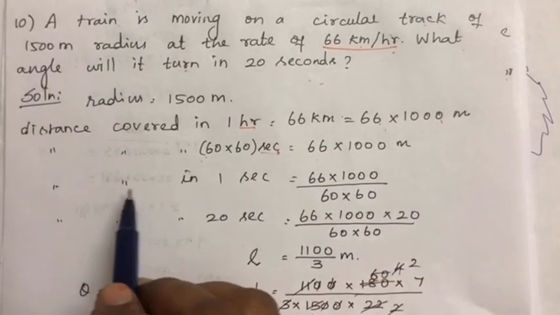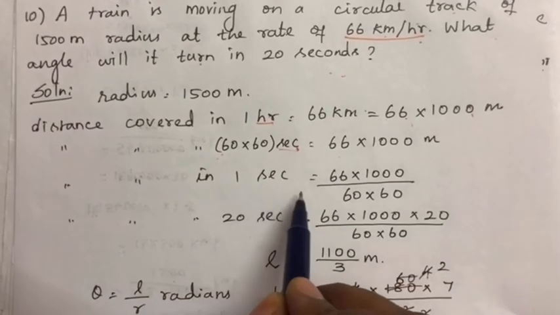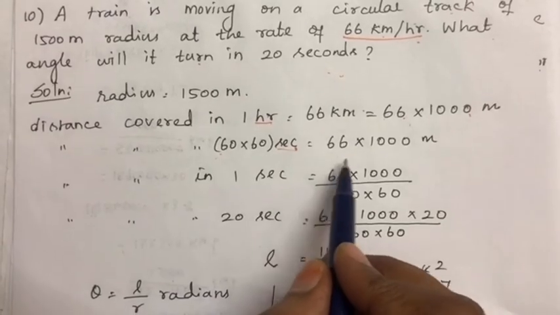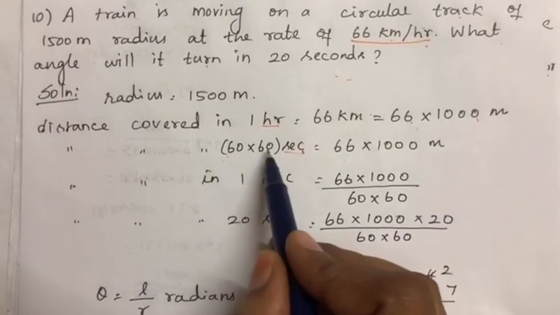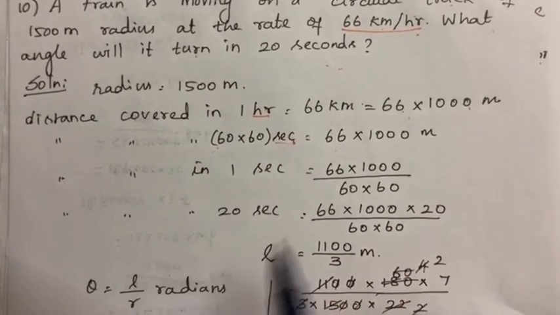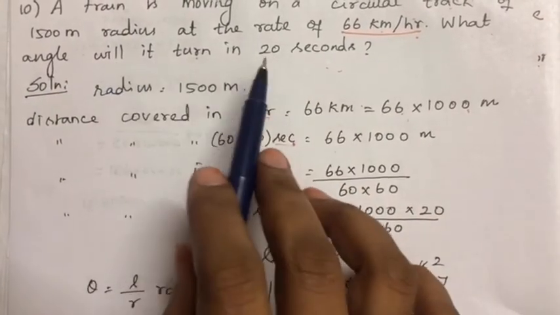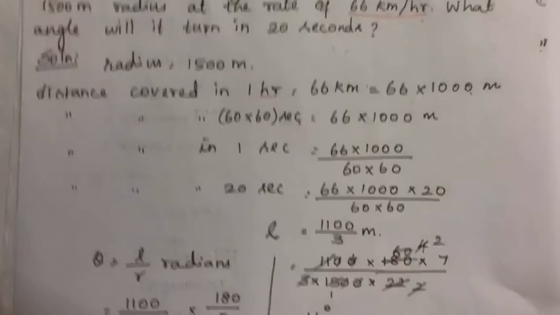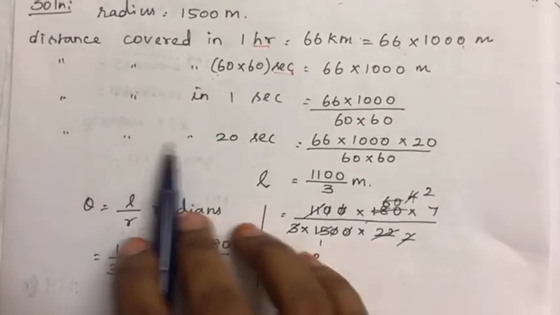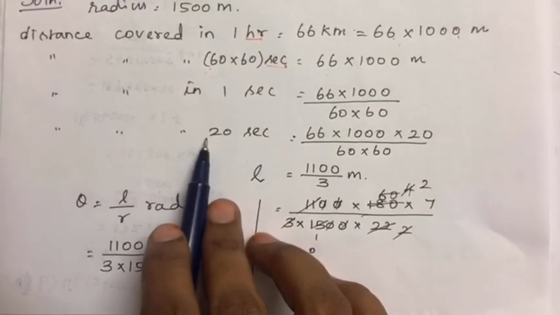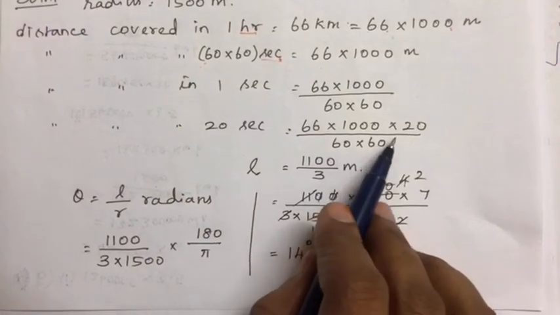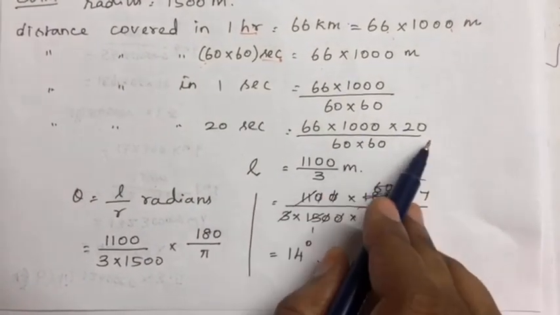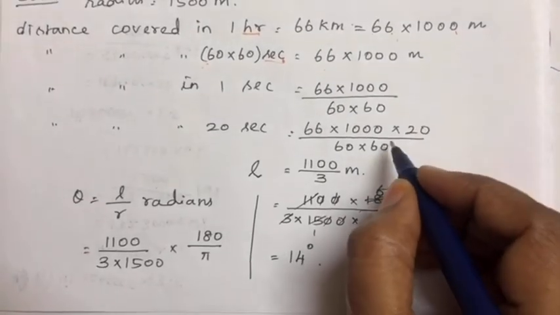So, distance covered in 1 second is equal to 66 into 1000 divided by 60 into 60. But we have to find the angle in 20 seconds, right? So, first, 20 seconds how much distance? That is 66 into 1000 divided by 60 into 60 into 20. We have multiplied by 20. So, we have to simplify this.